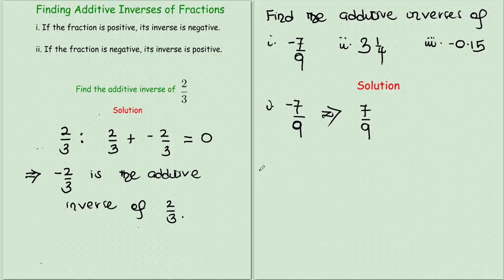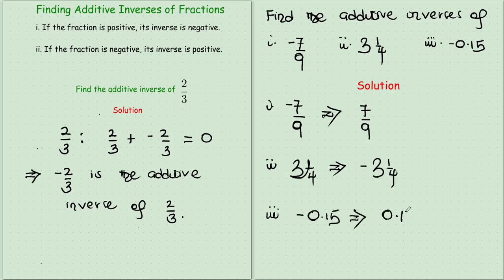Then for the second one, 3 whole number 1 over 4, its additive inverse is going to be negative 3 whole number 1 over 4. Then the last one, which is actually a decimal, you have negative 0.15. Its additive inverse is going to be 0.15. So basically, this is all we need to know under additive inverses.